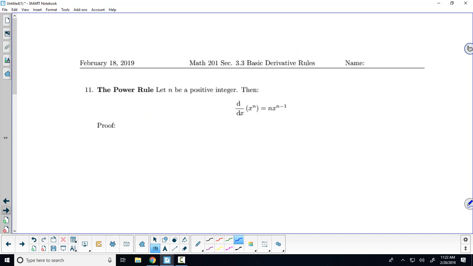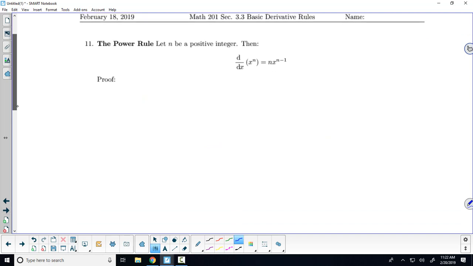So let's give the power rule then. Okay? So maybe you've noticed this, but if we take the derivative of x to the n, if you look at the pattern that we've seen as we've gone through these, it's just n times x to the n minus 1. Okay? I'm going to skip the proof, but it uses Pascal's triangle basically.